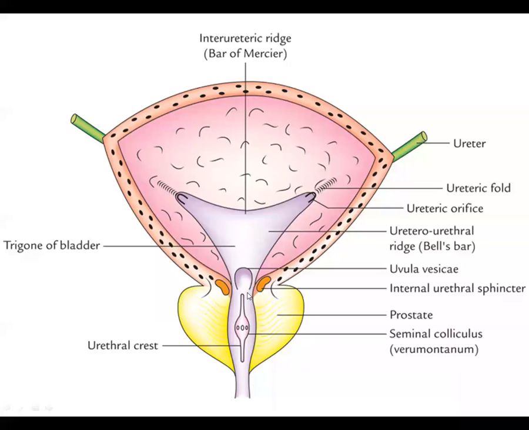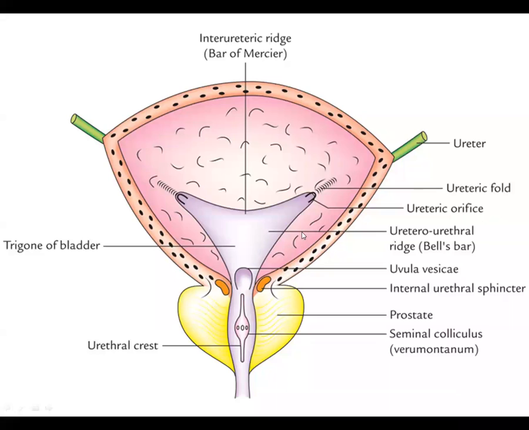Okay, so this can also be asked in your MCQ. What is uvula vesicae? Uvula vesicae is the median lobe of prostate which forms an elevation on the posterior aspect of the urethral opening in the urinary bladder. Okay, so this forms a third point. So these three form a trigone. Okay, so this is the trigone.